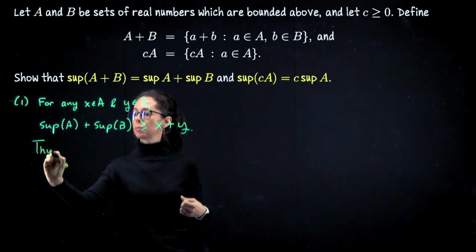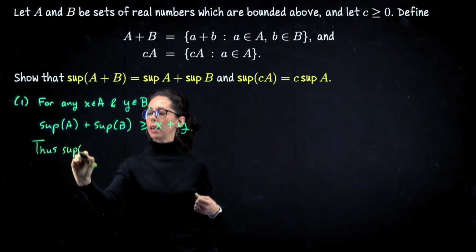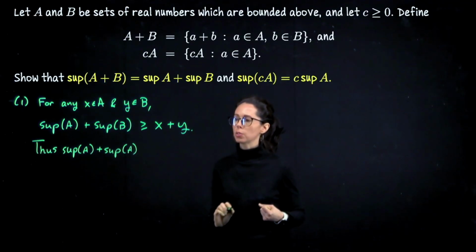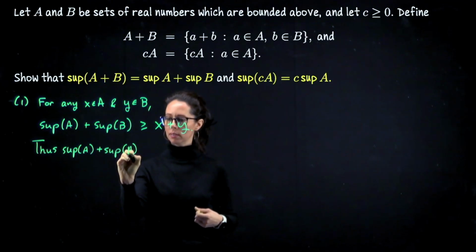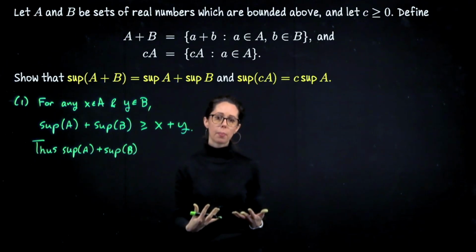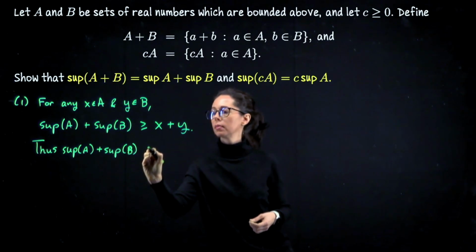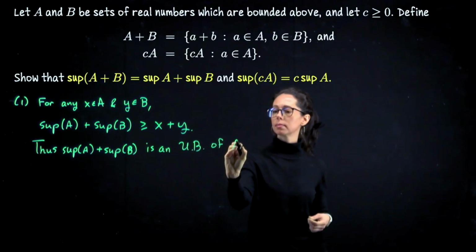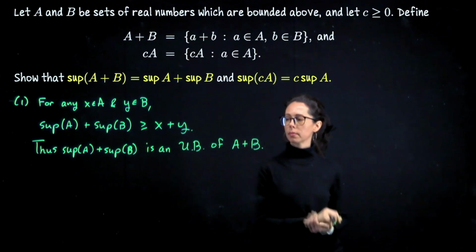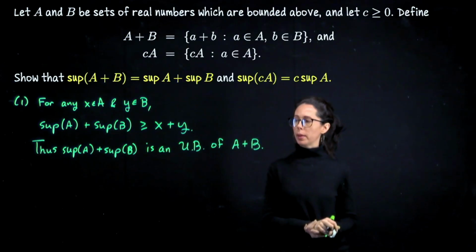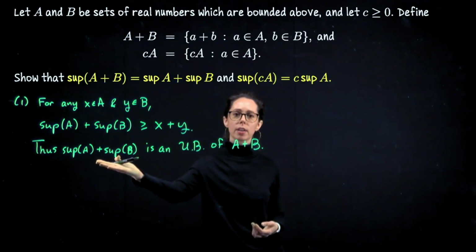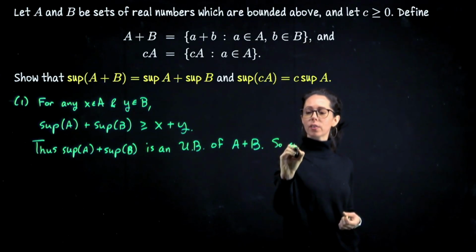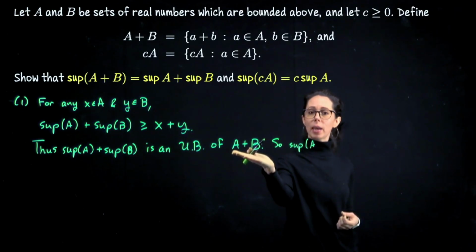So thus, sup A plus sup B, the supremum of A plus the supremum of B, is an upper bound of A plus B. At this moment, all I can say is that this expression, the supremum of A plus the supremum of B, is greater than or equal to whatever the supremum of A plus B is.